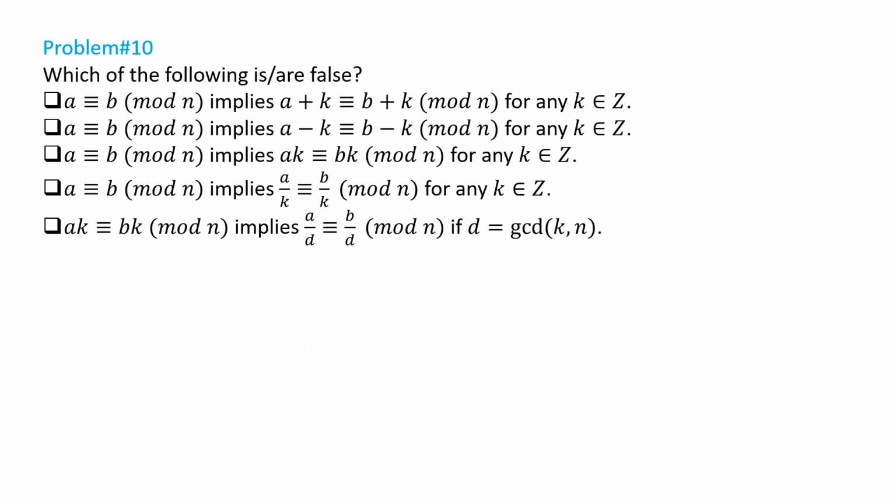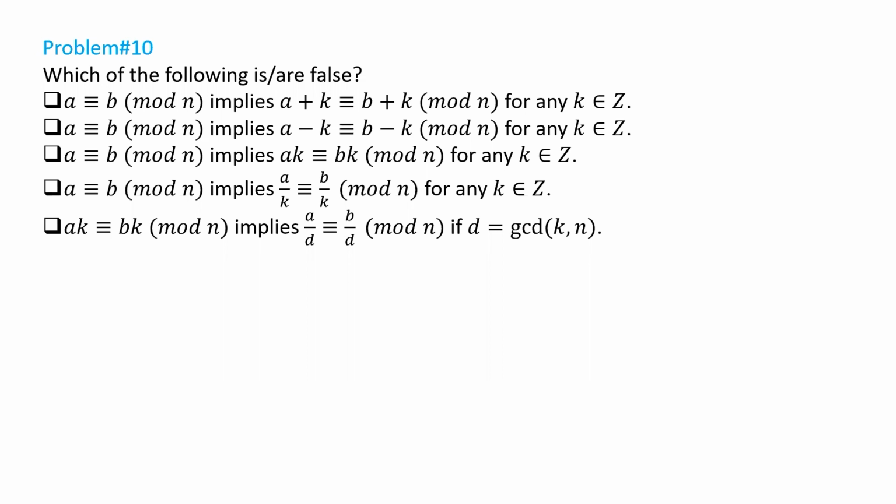But the same rule is not applicable in modulo n, where we cannot always cancel out k from both sides, because it is possible only if you have the GCD of k and n as d, and then you can write a divided by d, because d will have its inverse defined modulo n.